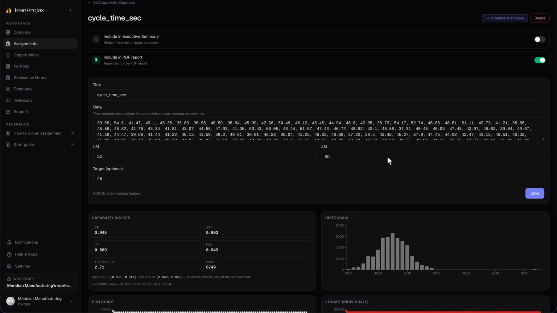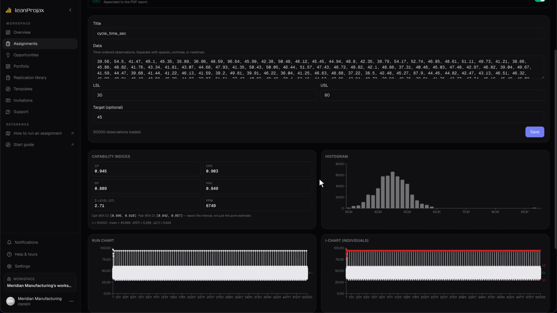Lower 30, upper 60, target 45. Read the tiles, CP 0.945, the potential, CPK 0.903, the reality, sigma level 2.7, and about 6,700 defects per million. Below the 1.33 bar, which is exactly why this project exists, and what Analyze and Improve will attack.